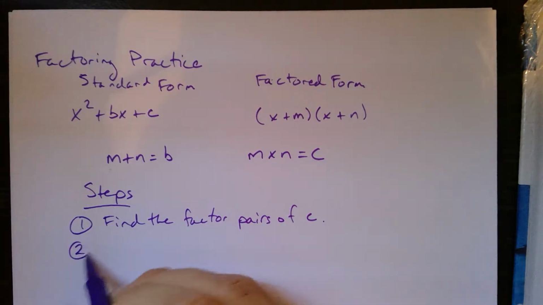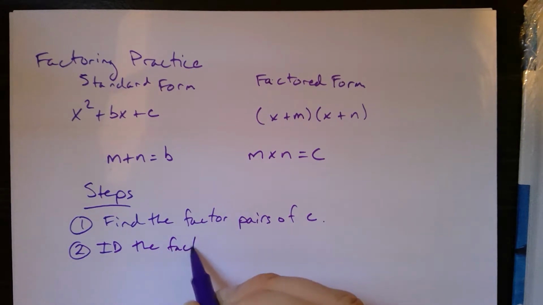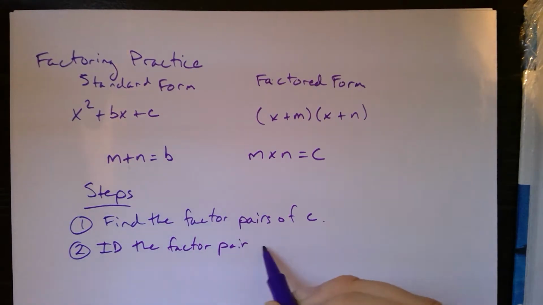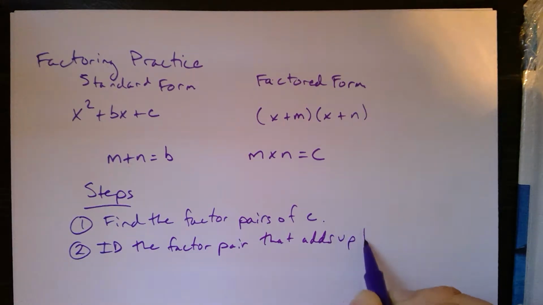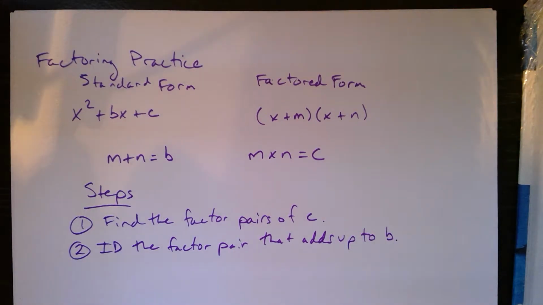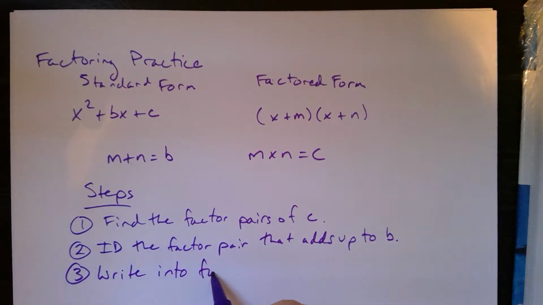Our second step is to identify the factor pair that adds up to b. And then our third step is to write into factored form.